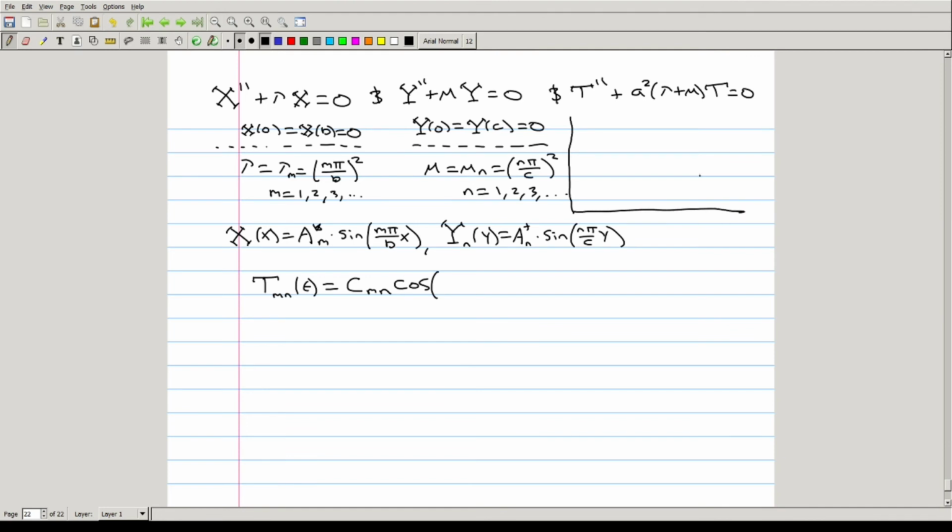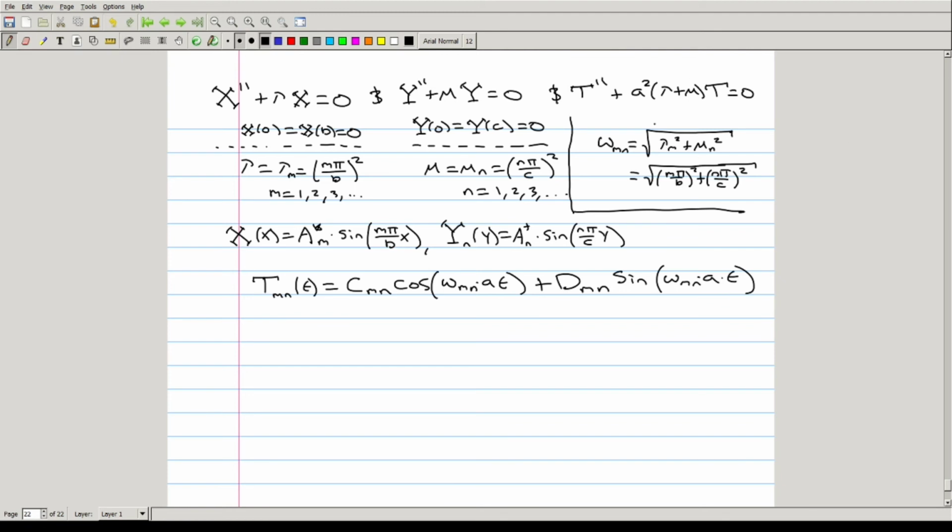If I define omega mn to be the square root of lambda m squared plus mu n squared, or the square root of (m pi over b) squared plus (n pi over c) squared, the general solution for t is going to be c mn times cosine of omega mn times a times t, plus some coefficient d mn times sine of omega mn times a times t.